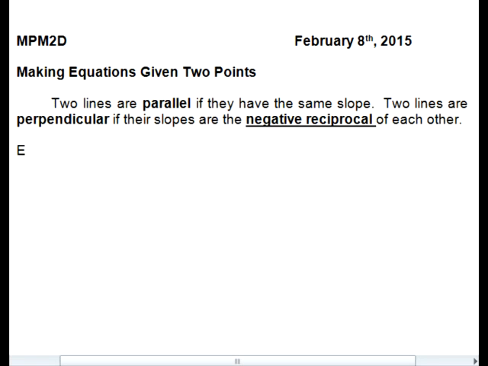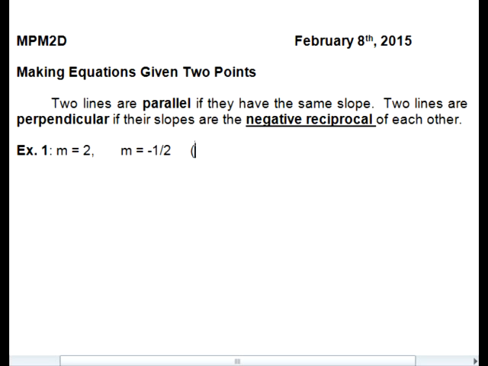Just to make sure we get what negative reciprocal means, we're going to do example 1. If m is equal to 2, Cassie, what's the negative reciprocal of that going to be? If not, it's going to be negative 1 over 2.